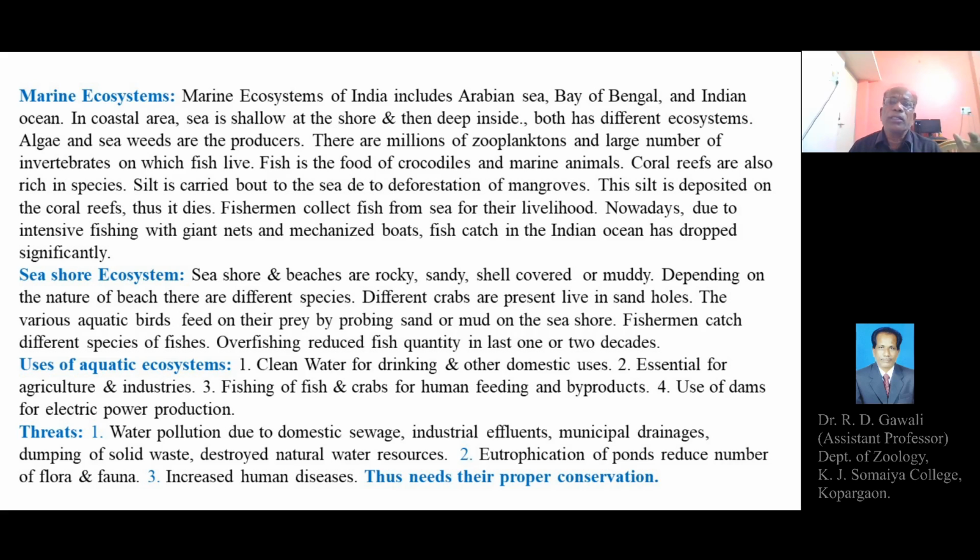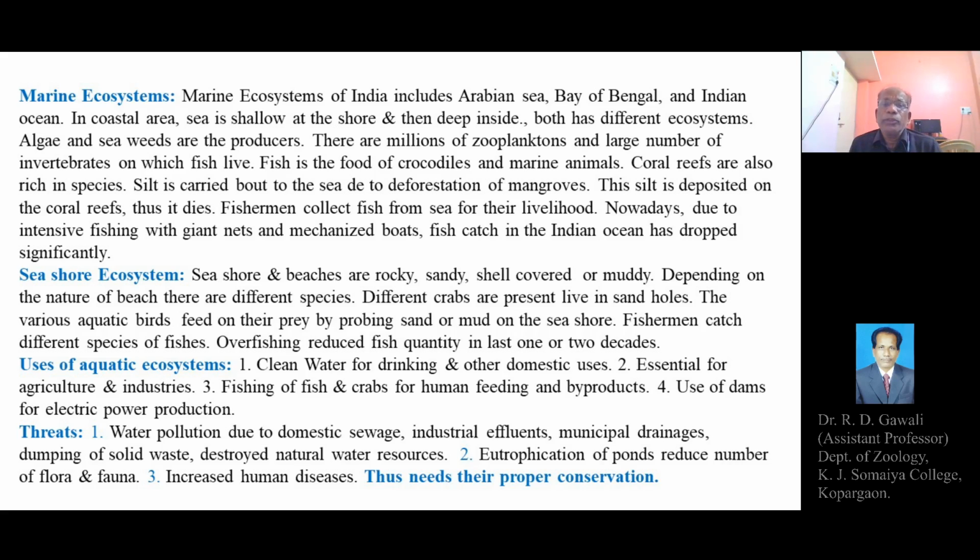We know there is a great problem of the disposal of solid waste from towns and cities, and whatever waste is obtained from the cities and towns is simply collected, carried just outside the cities or towns and dumped onto the land, which has destroyed the natural water resources. So water pollution is a great threat to the available natural water resources.